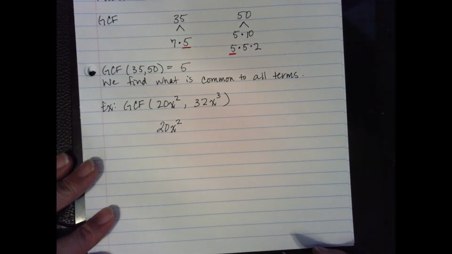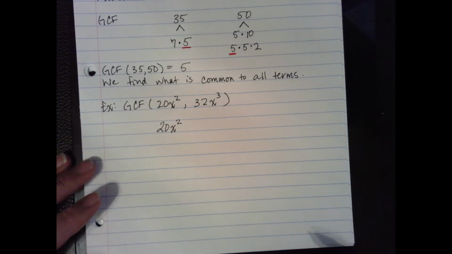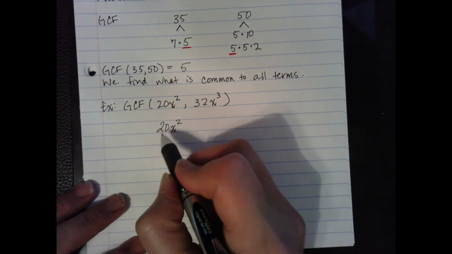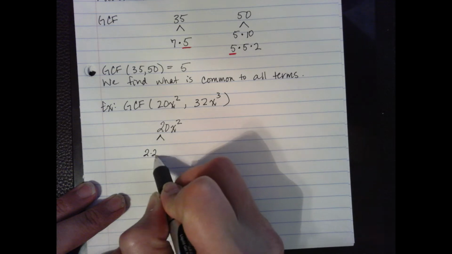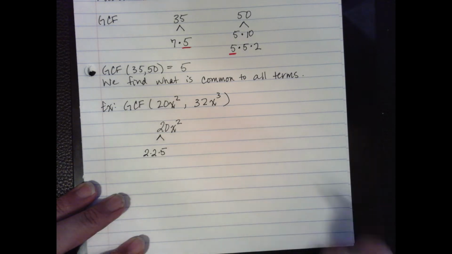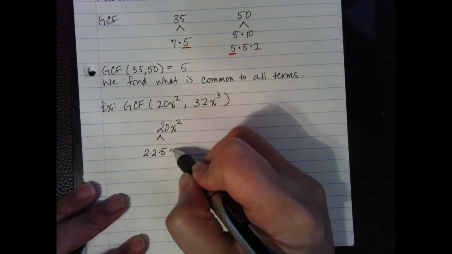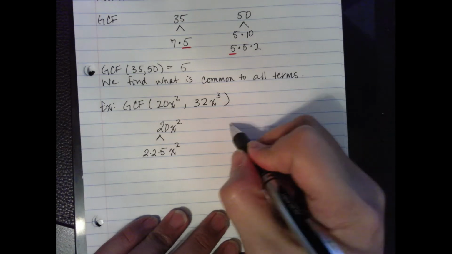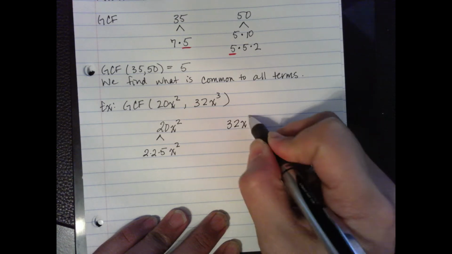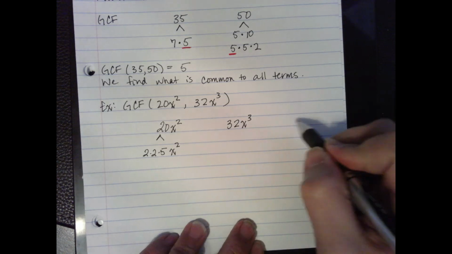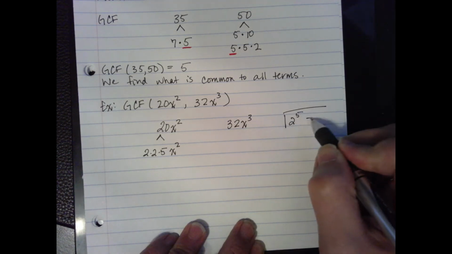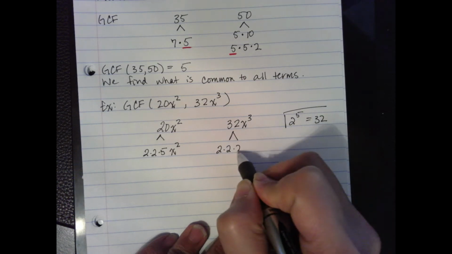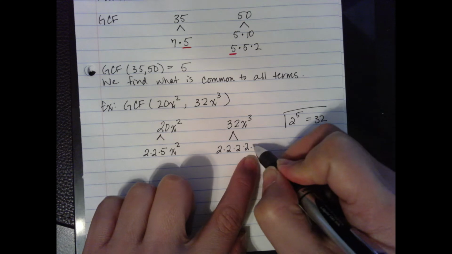So if I have 20x squared, 20 is the same as 4 times 5, but 4 is the same as 2 times 2. So this is the same as 2 times 2 times 5. And I'm going to go ahead and write my x squared here because it's helpful when we're identifying the GCF. So 32x cubed, well, I know that 2 to the 5th power is 32. So over here I'm looking at 2 times 2 times 2 times 2 times 2.